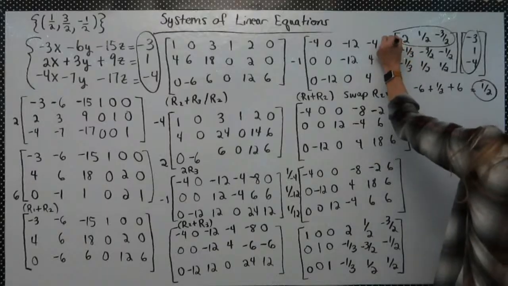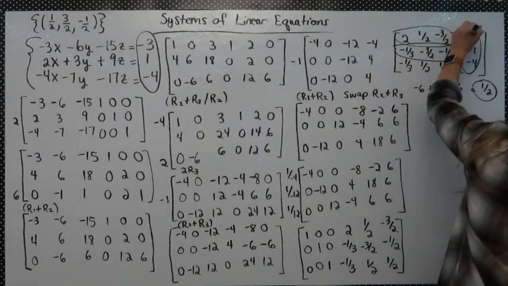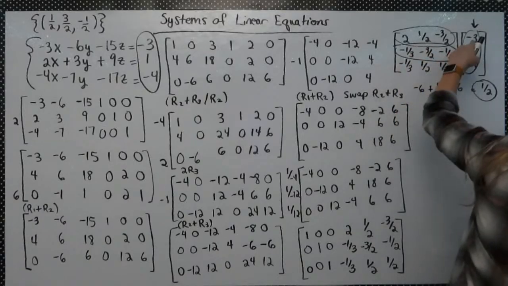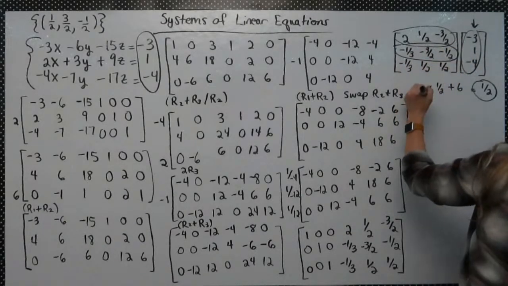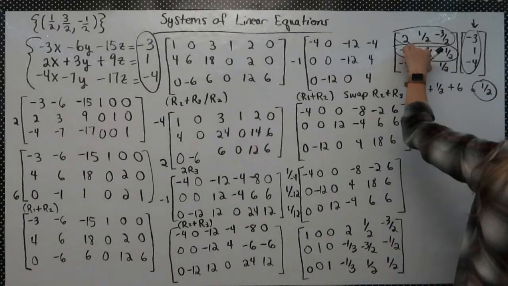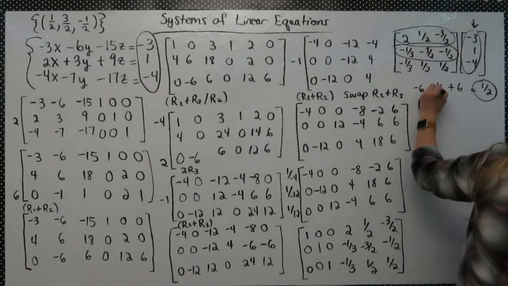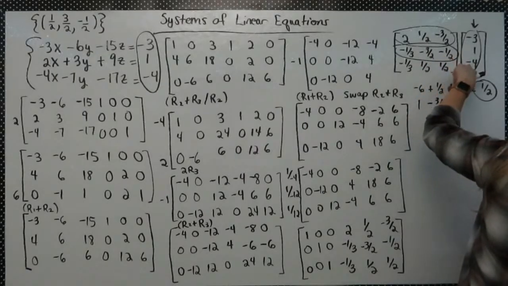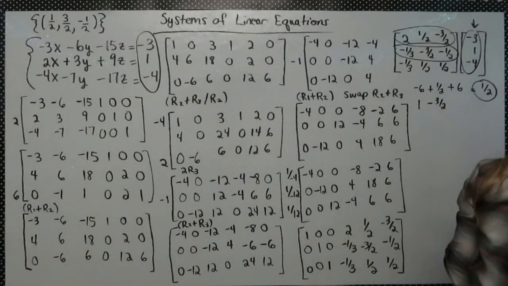And we'll do this row times this column. So that's a negative 1/3 times -3, and that's making me positive 1. And we got a negative 3 halves times 1, that's a negative 3 halves. And then negative 1/2 times -4 is a positive 2.